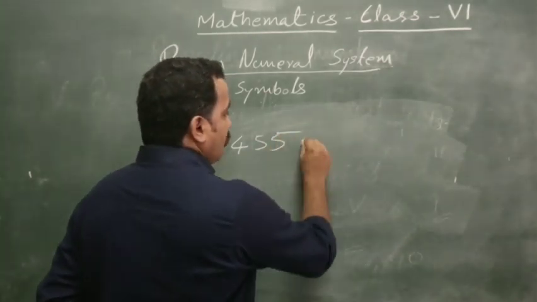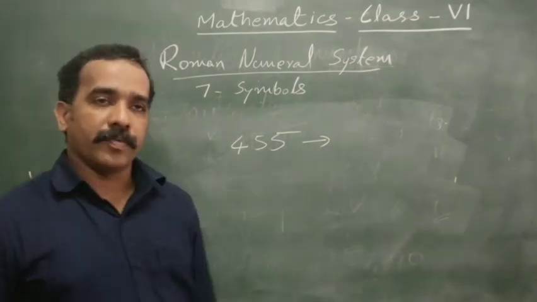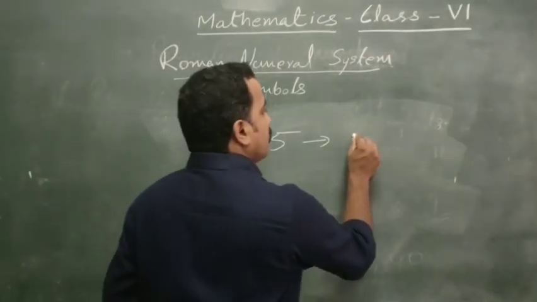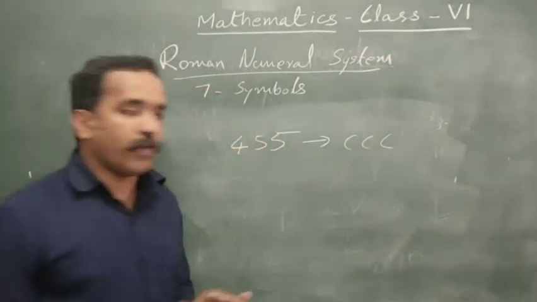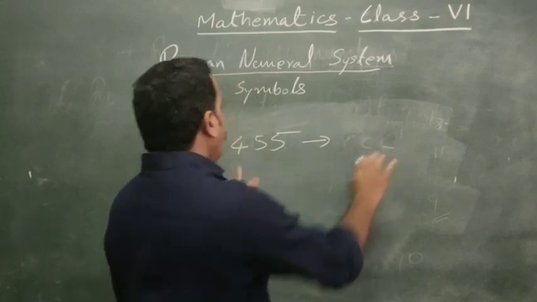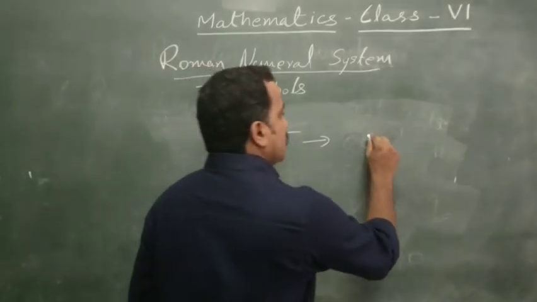For example, if you want to convert 455, what is the corresponding Roman numeral? So for 400 we cannot write 4 C's. 4 C's we cannot write, but instead of that, 500 minus 100. What is 500?